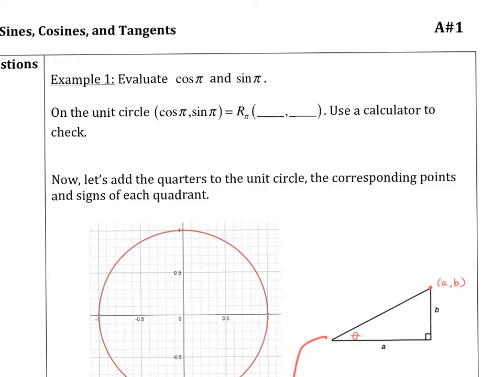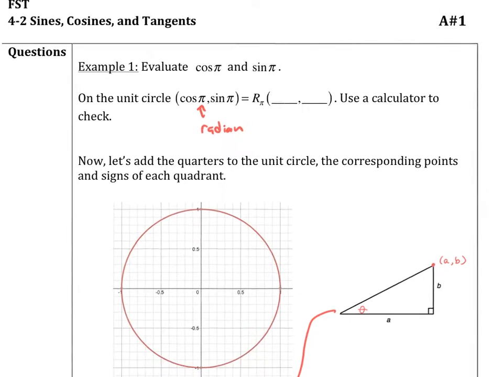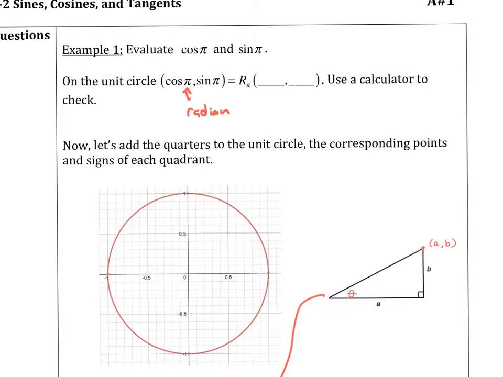And we're going to try to evaluate using our graphic down there. So on the unit circle, cosine of pi and sine of pi. Now, since it does say pi, folks, we know that radians is being used here. And if we recall where pi is, where 2 pi is, etc., watch this. Remember that this here represents 0 degrees, also known as 0 radians.